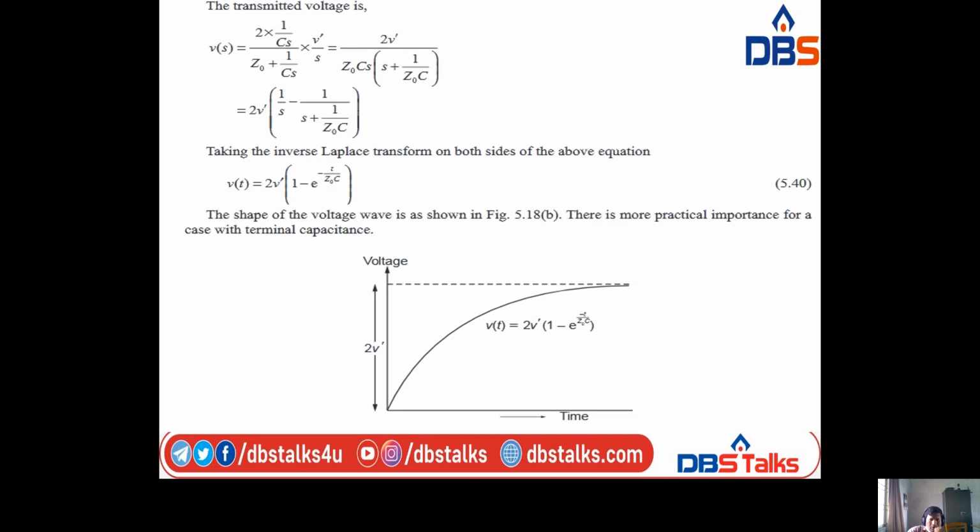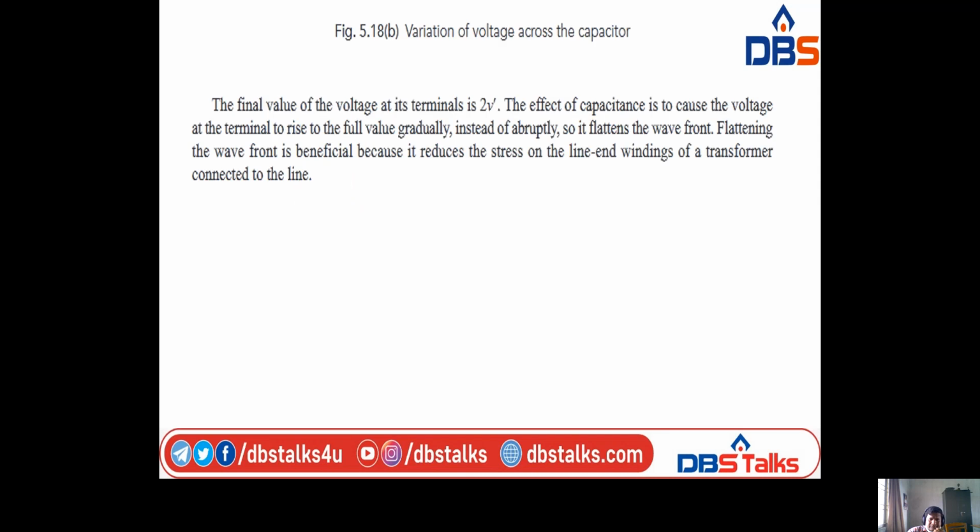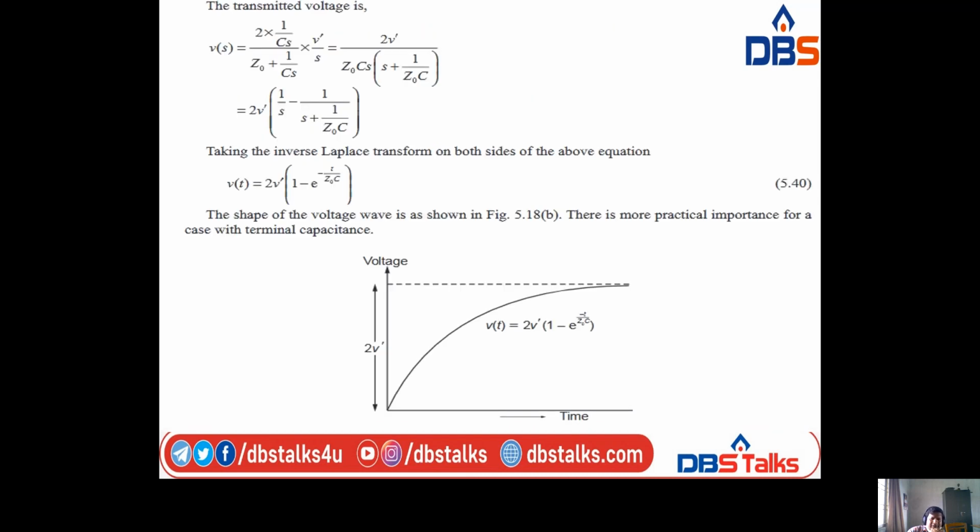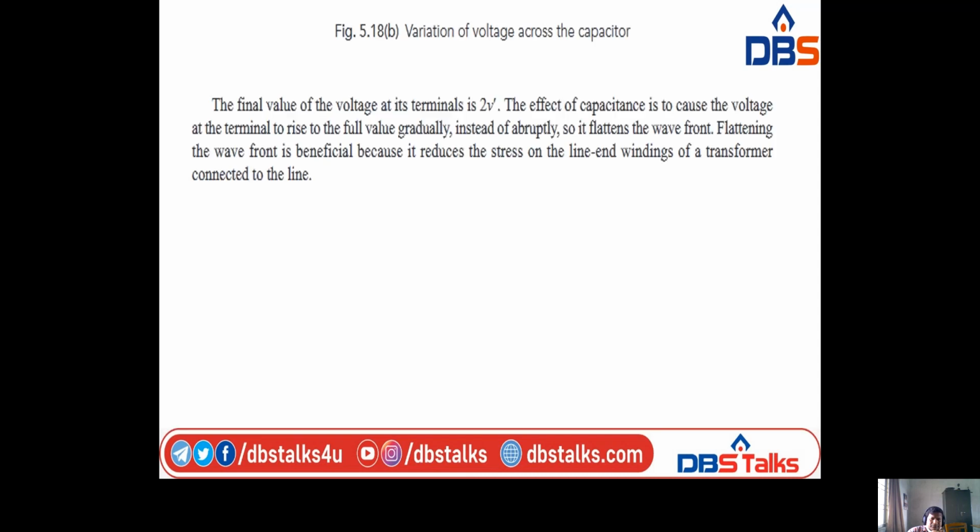The magnitude of voltage is 2V'. So this figure is the variation of voltage across the capacitor. The final value of the voltage at its terminal is 2V'.